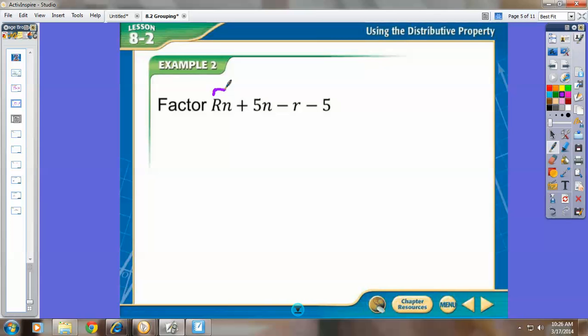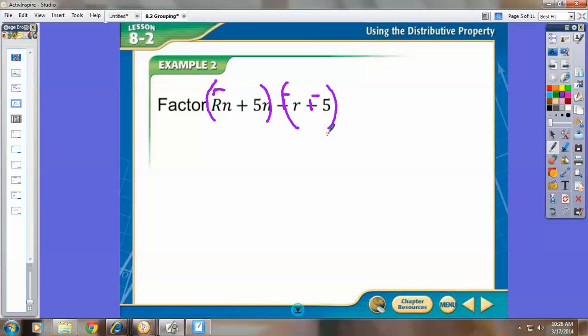What are we thinking? What method? We're thinking grouping. 4 terms, we automatically think grouping. Now, before you add in your parentheses, I want you to change these minus signs to plus a negative. And now group your first two terms and group your last two terms.